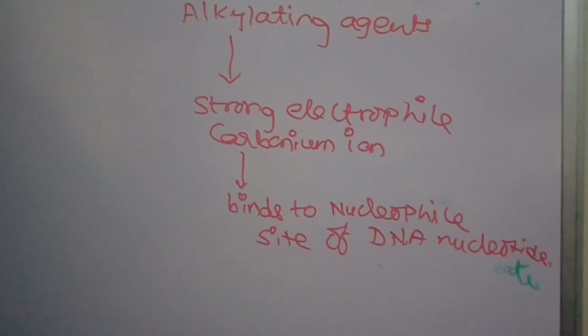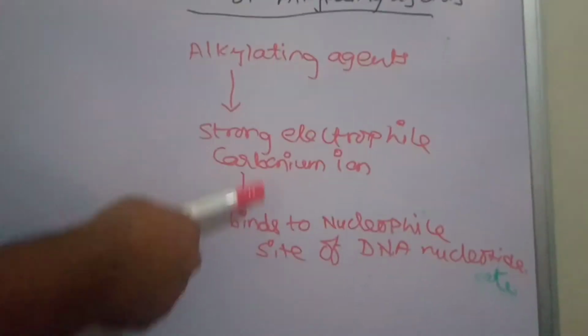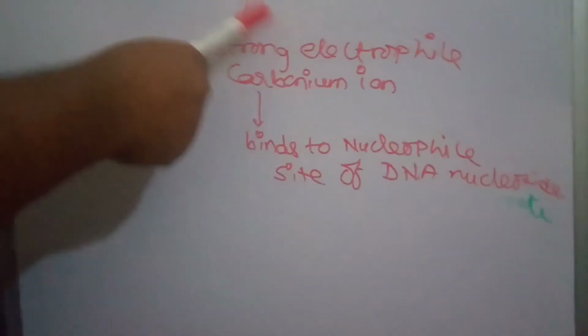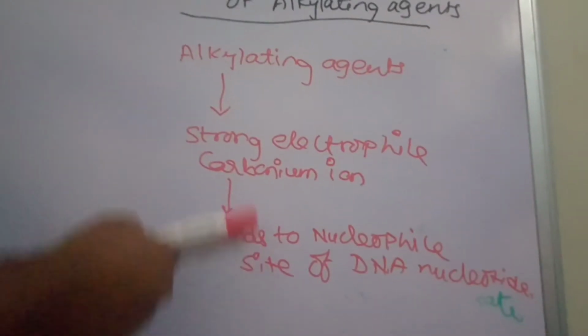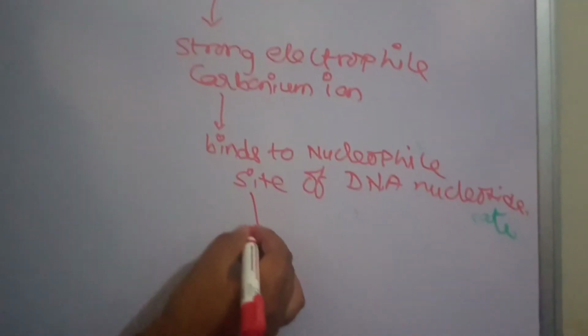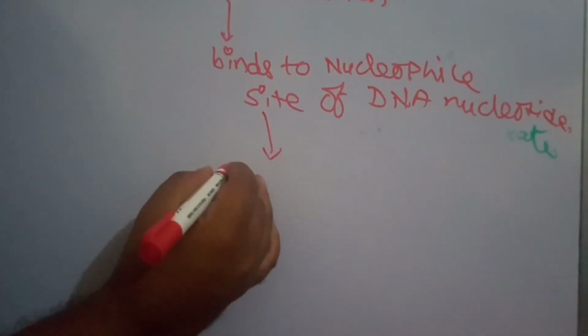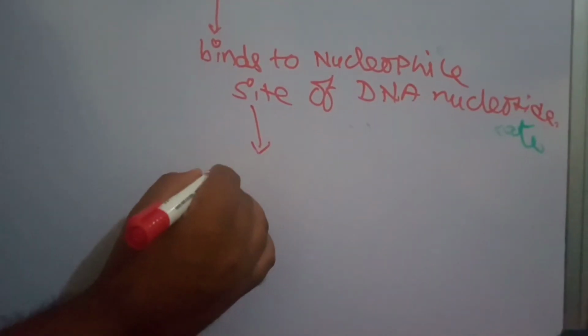It binds nucleophilic sites because it becomes a strong electrophile. It will bind with the nucleophile, which gives the electrons. A strong covalent bond is formed, and once they form a strong covalent bond, there is a mispairing of DNA.